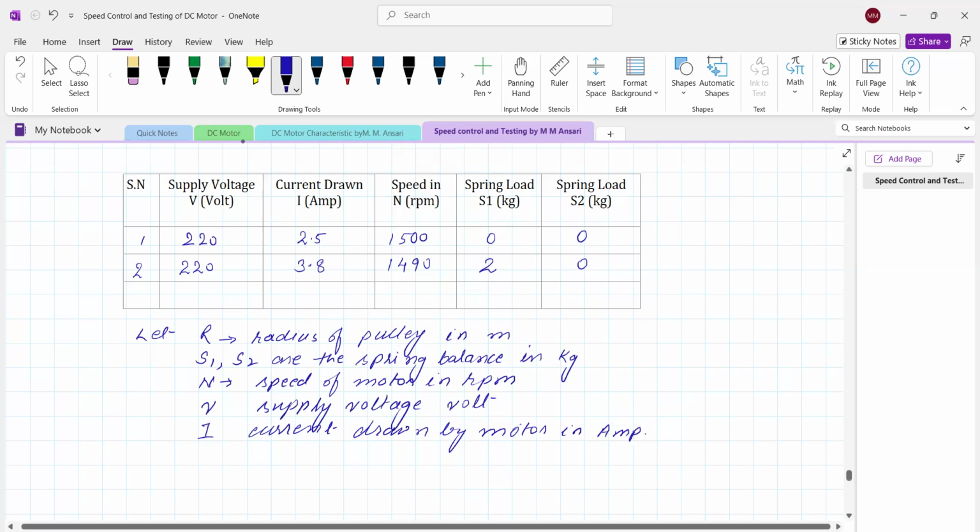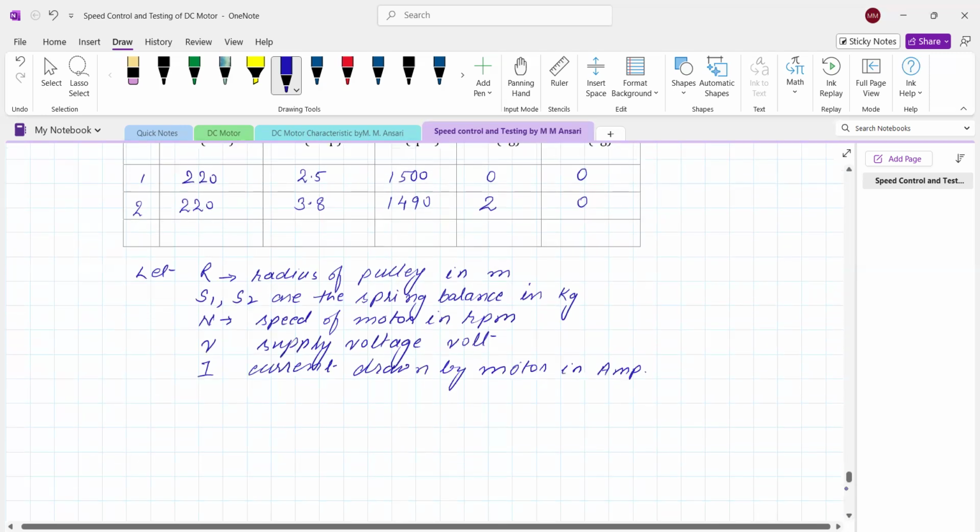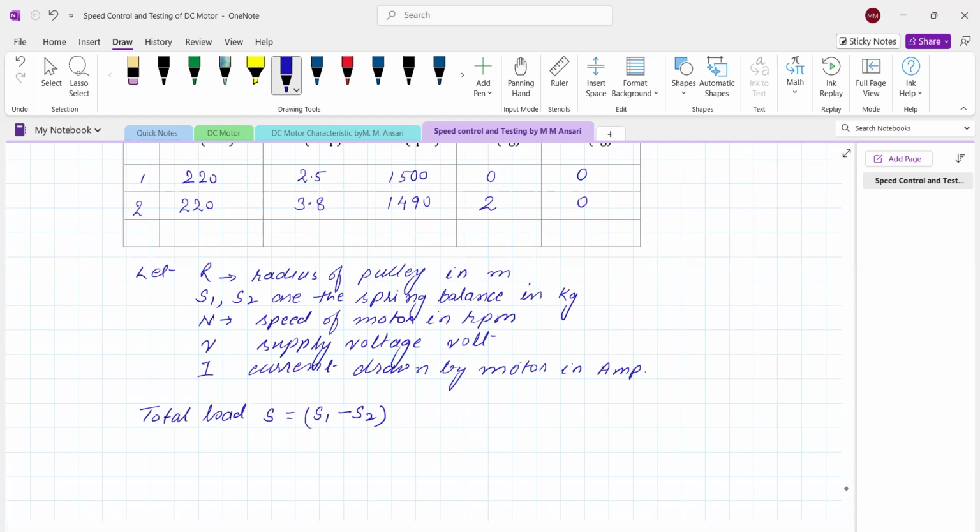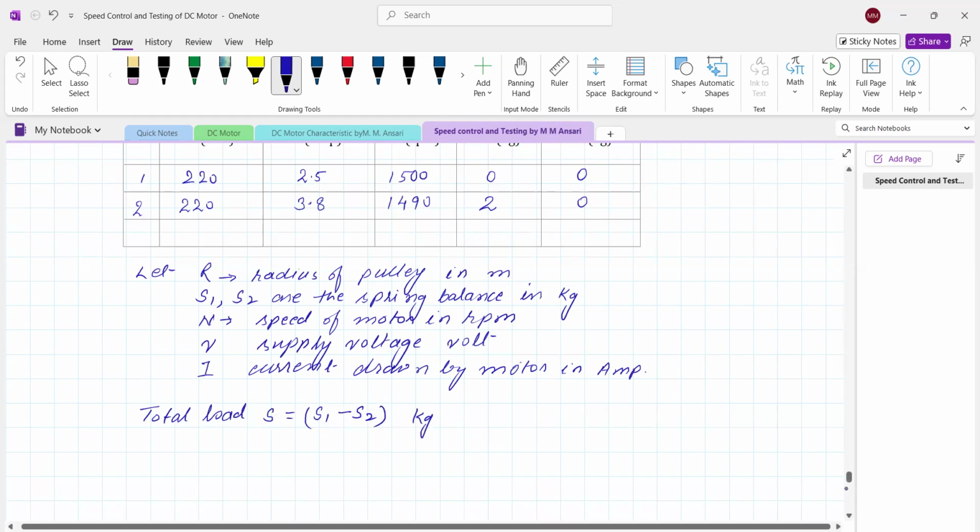Okay, so we can find the total load S equal to S1 minus S2. If S2 is greater, then we can take S2 minus S1, but it is a positive value. It is in kg. Now this is nothing but the force, the force in kg.